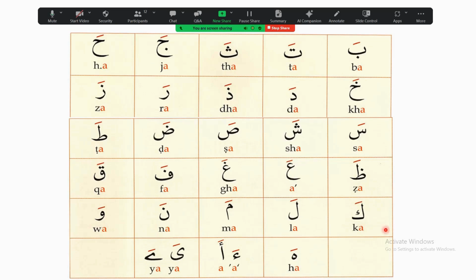So let's say this. Ka, la, ma, na, wa. Right? For the waw letter, we are always supposed to shape our lips round to say wa.